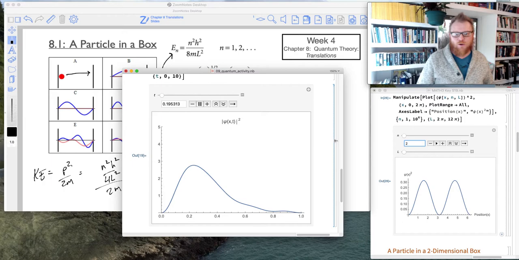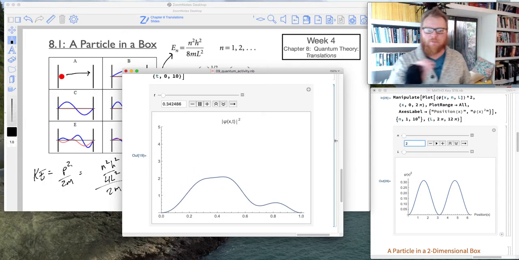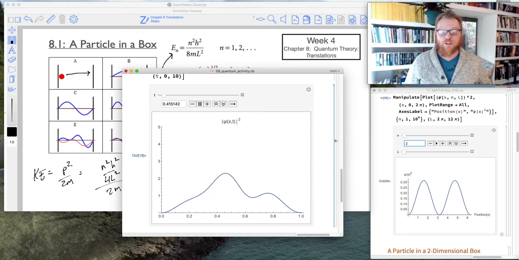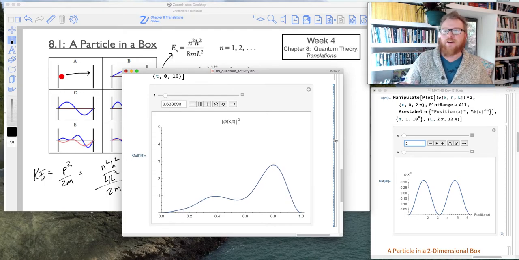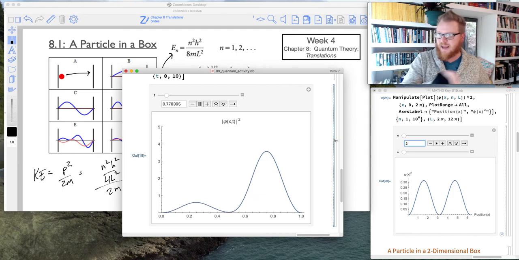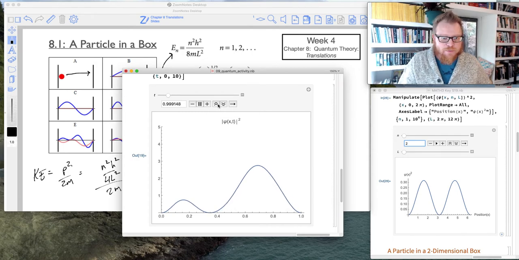This is really cool. All this particle is doing is moving back and forth. But it looks crazy because there's a confluence of constructive interference and destructive interference that makes those wave functions appear quite funky. I think we can speed up the time a little bit.